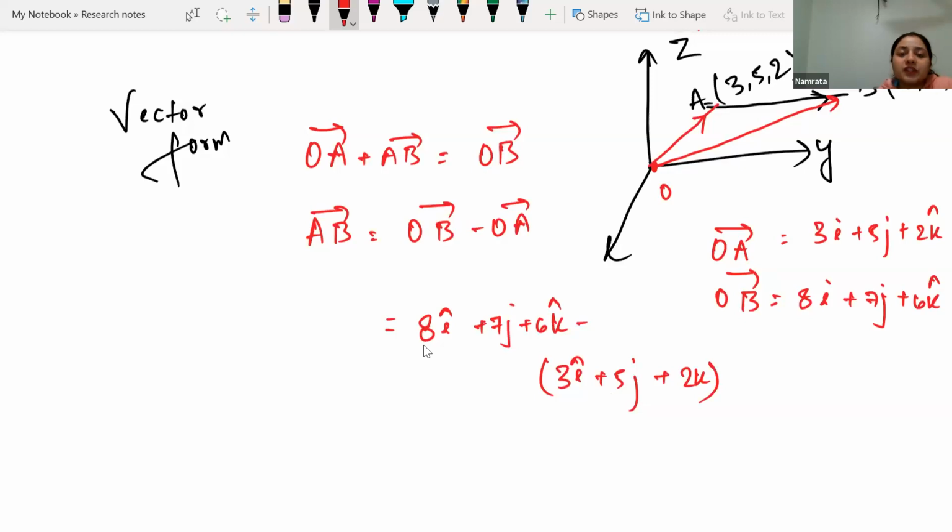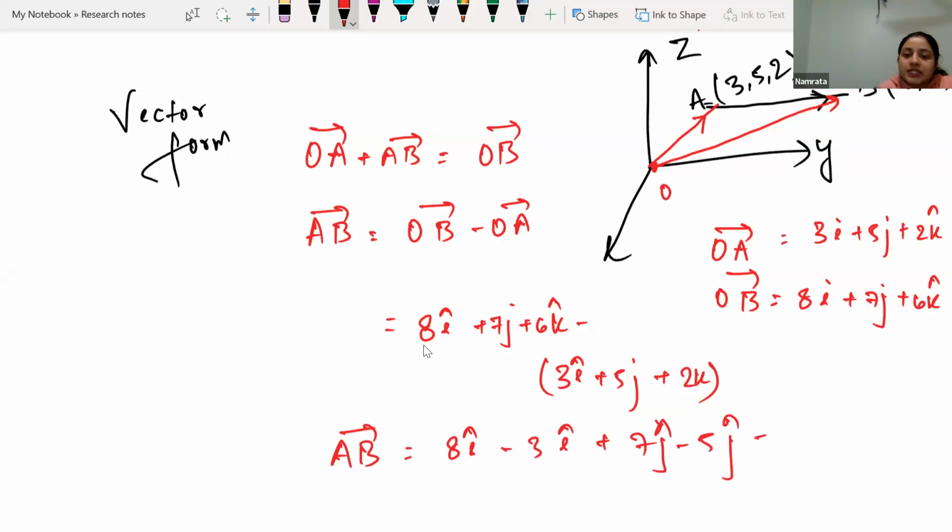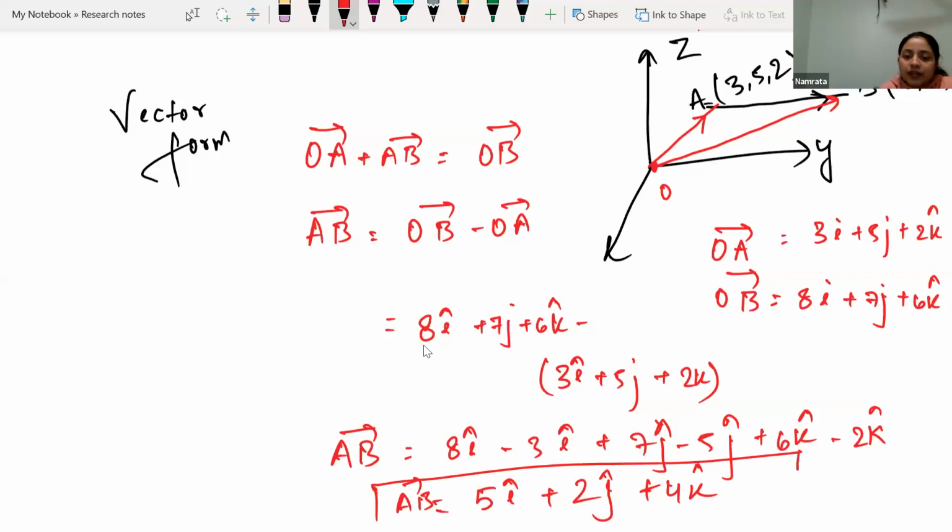Now we can open the bracket and do the calculation. So vector AB will be 8i minus 3i plus 7j minus 5j plus 6k minus 2k. We can write it as 5i plus 2j plus 4k. This is the equation of line AB in vector form.